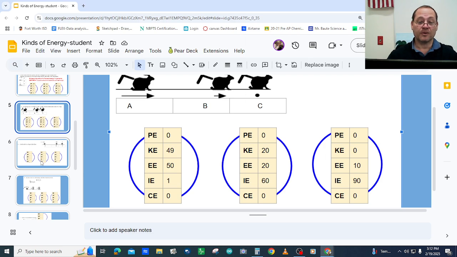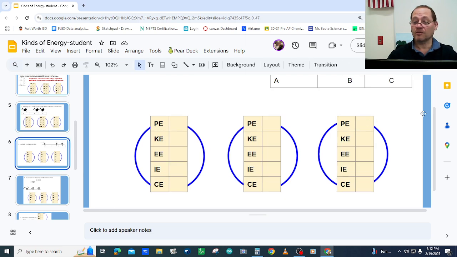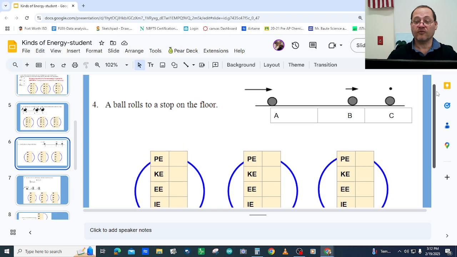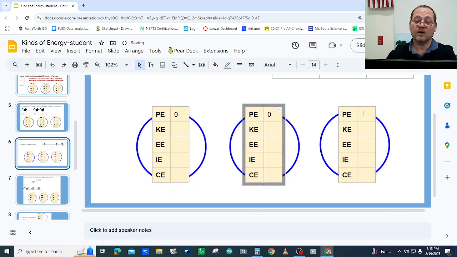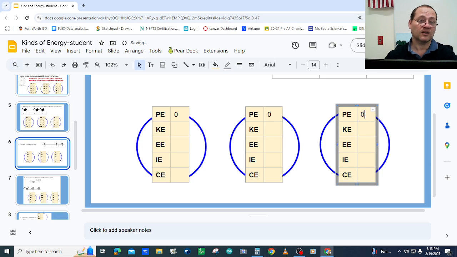Now for number, I think it's number 4, the one that comes next. Let me check. For number 4, a ball rolls to a stop on the floor. Very easy. Since the ball is rolling on a horizontal floor, we immediately can assume that the height is 0. You can place the 0 height anywhere you want. That's a convention. So in our case, it will be that surface.